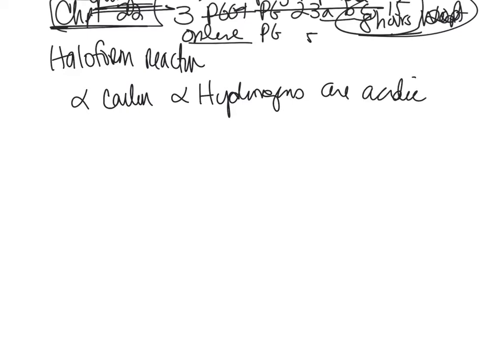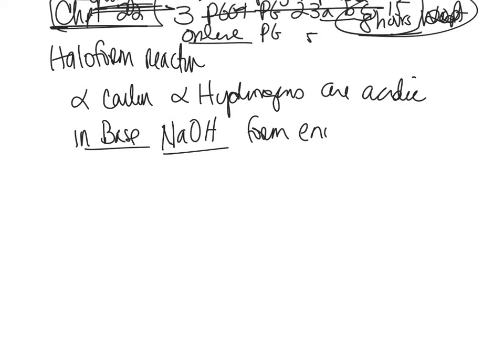Okay, so in base, we're just going to do these reactions in base, like sodium hydroxide. It's your typical base here. You can form the enolate, right? And this is the mechanism.